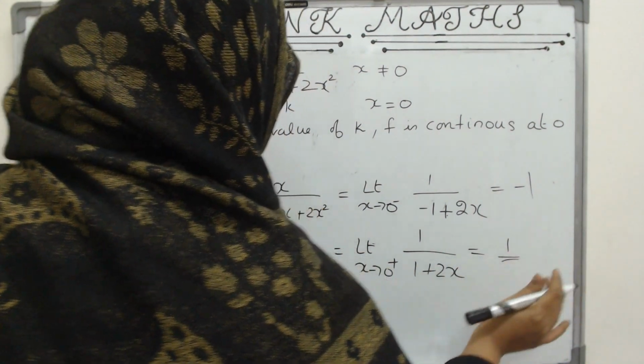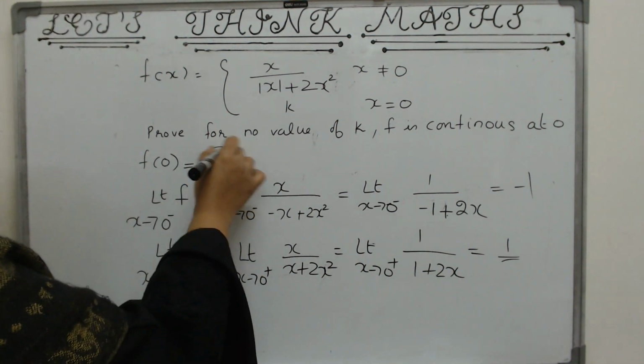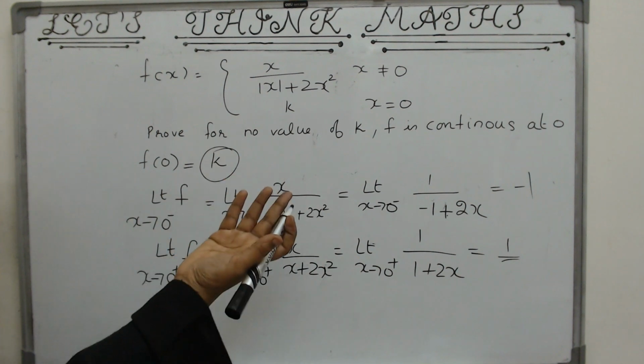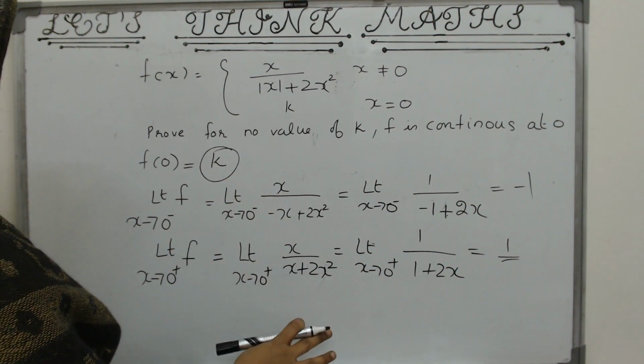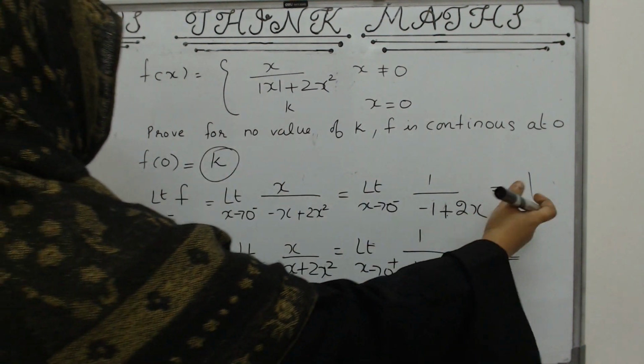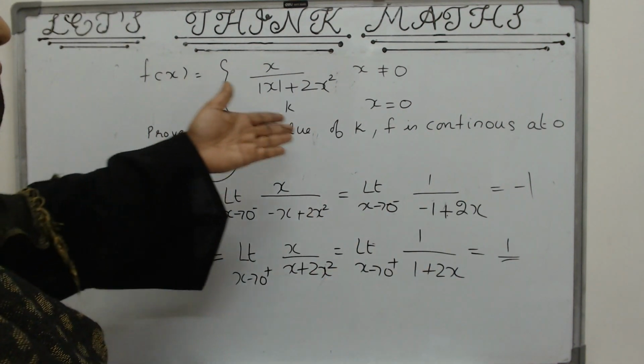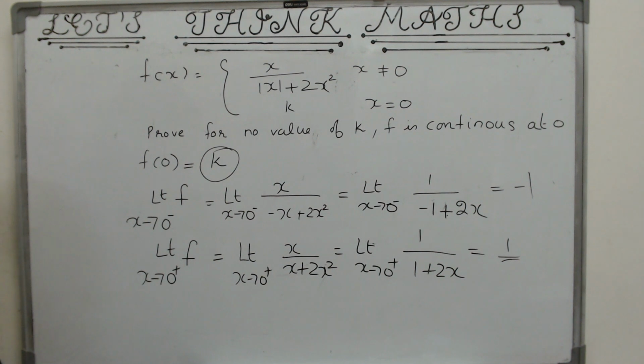You have 1. So whatever your value of k, it does not matter. Why? Because the limit does not exist. The second condition is not satisfied. The left hand limit is -1, the right hand limit is +1. So whatever you do, you cannot make this function continuous at 0.